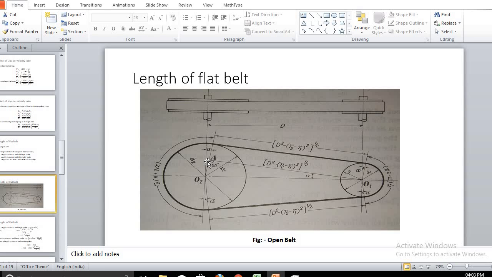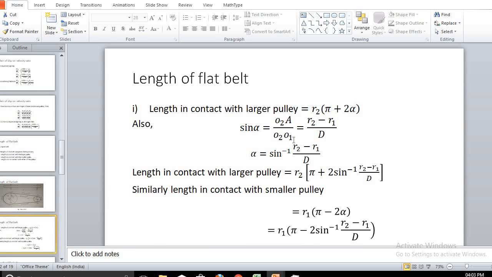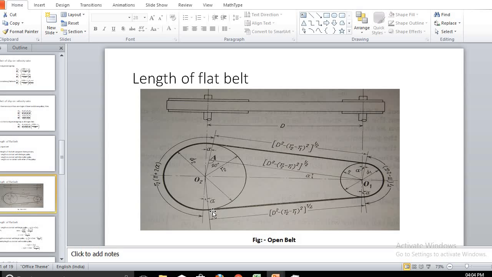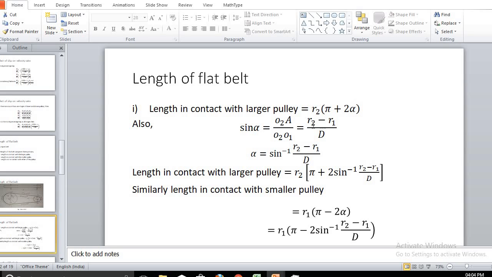O2O1 is D, the central distance between these two pulleys. So sin alpha is equal to R2 minus R1 divided by D, and alpha can be calculated as sin inverse of R2 minus R1 by D.